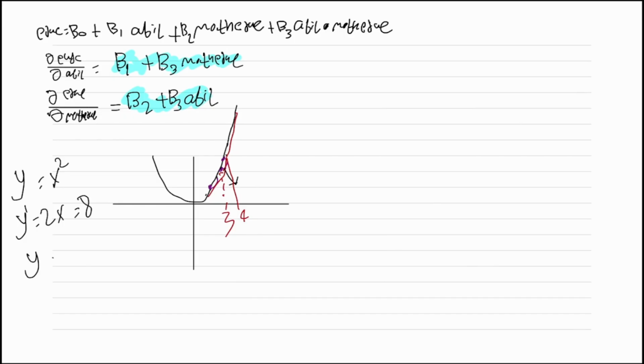When you substitute 4 in x squared, it's 16, right? Then substitute 5, we get 25. The difference is 9, so it's a very good estimation. And if we don't increase from 4 to 5 but from 4 to 4.5, the error will decrease.